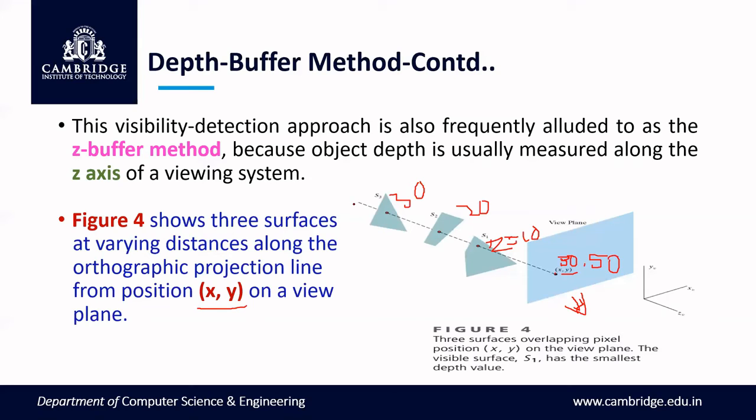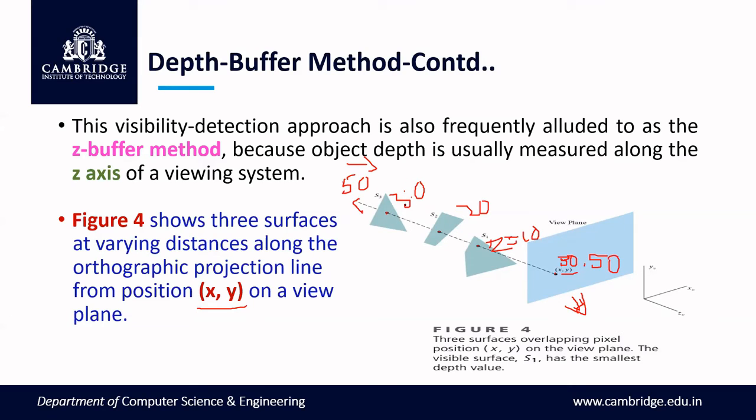Very simple method. Now assume this is my maximum, which is 50. So now I'll start comparing from this point, on XY position 30, 50. On 30, 50, my Z value is 50. When I come back to this point, my Z value is 30. Compare 50 and 30, which is less?